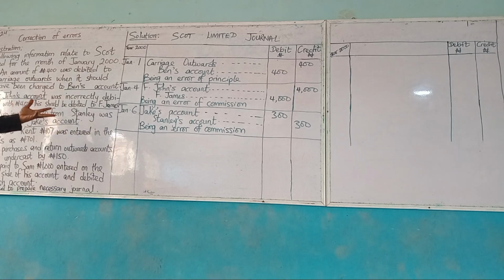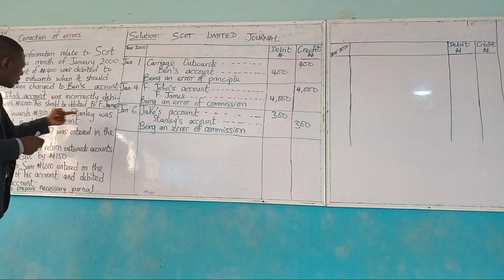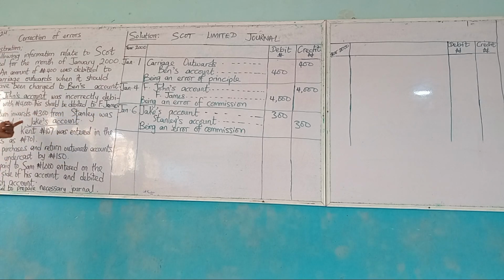Returning was from Stanley was entered in Jake's account. Being returning was from Stanley, mistakenly entered in Jake's account, now corrected.